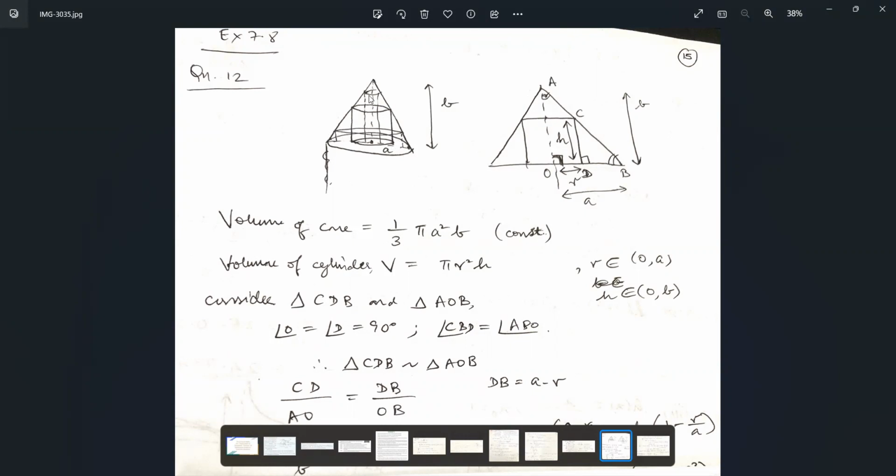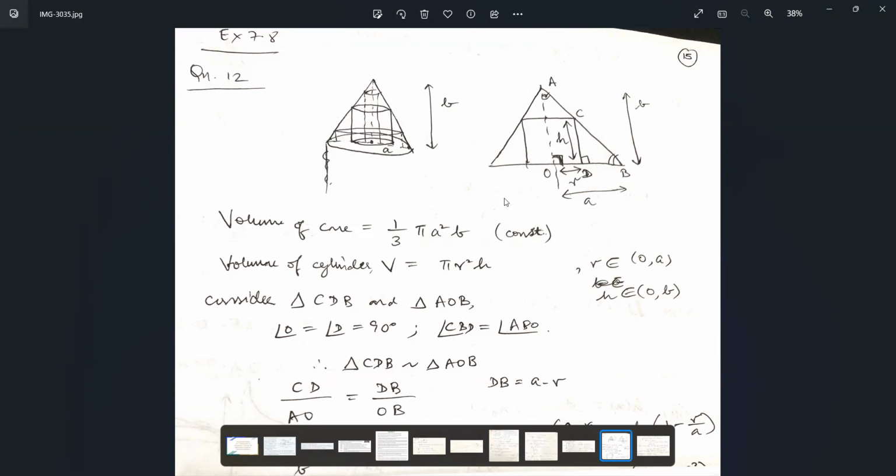The other end is that we have a cylinder with very tall height and very small radius. And then we have something in between, that is of an average height and average radius. So we have to maximize the volume of this cylinder here.